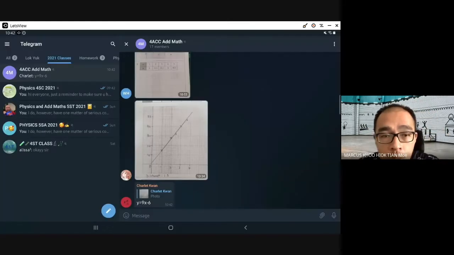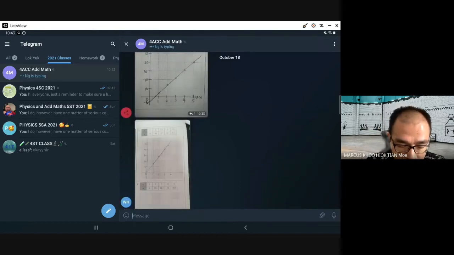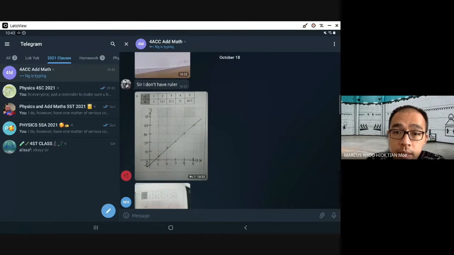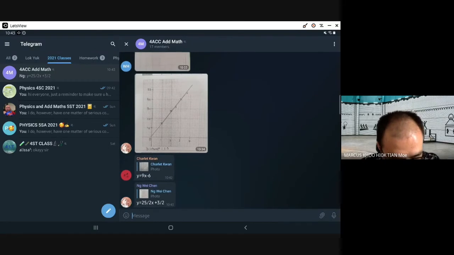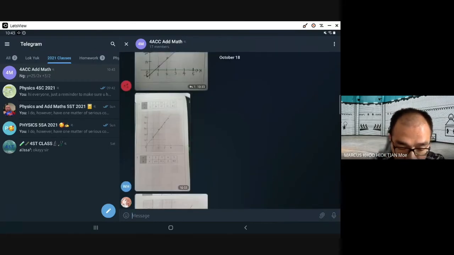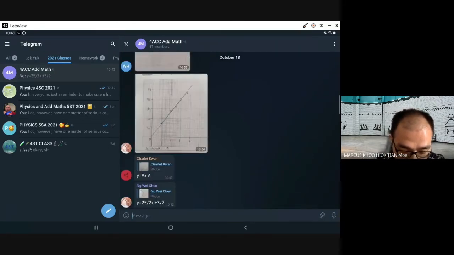All right. Okay, looks like Charlotte has already got her answer. Y equals to 9x minus 6. Can Sinbury and David verify this? Is the gradient 9? 25 over 2x plus 3 over 2. Wei Zhen is which one?